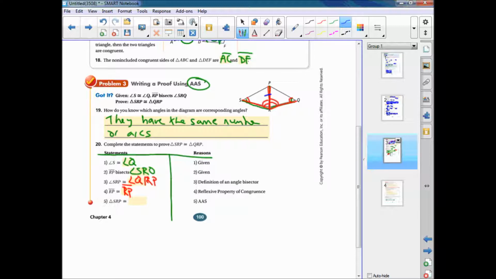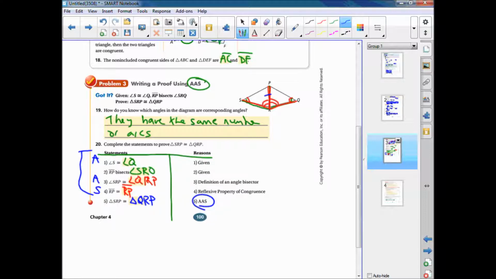All right, so now I have all the parts I need here. I have an angle, I have a second angle, and I have a pair of corresponding congruent sides that are not included. Okay, so that's angle side. So I can say triangles SRP and QRP are congruent by angle side. So we have all three of the pieces right here.